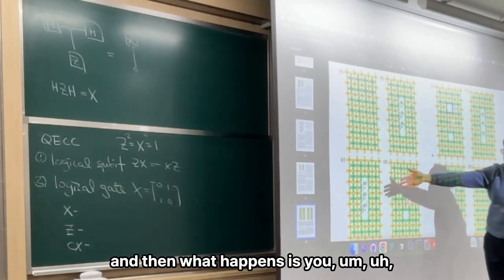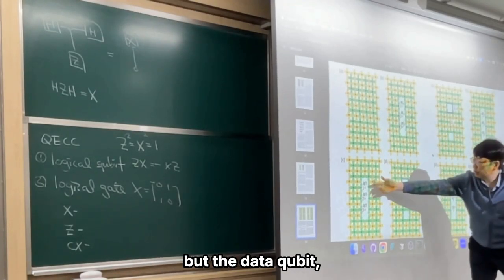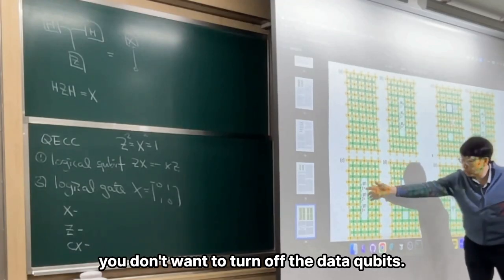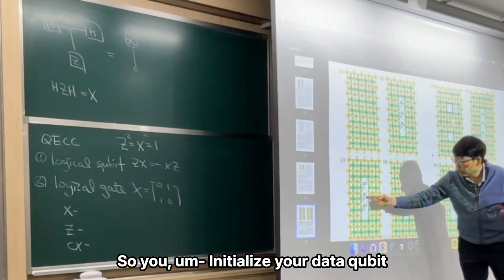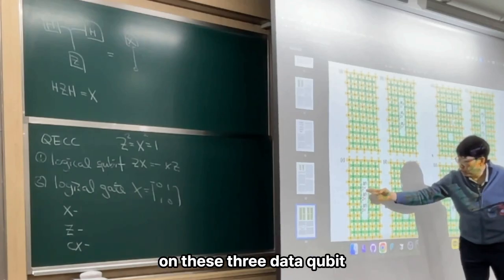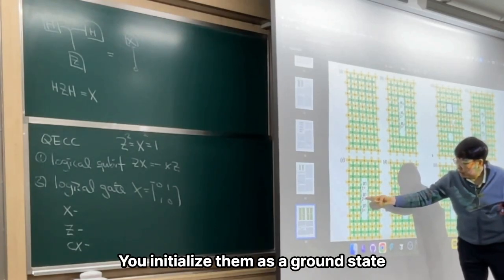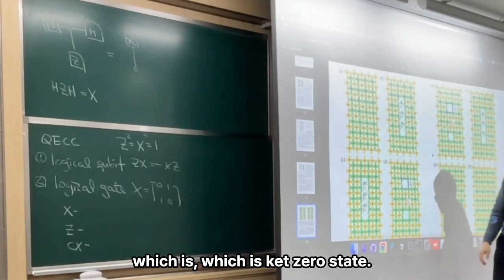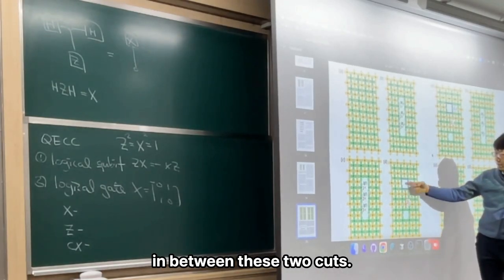And then what happens is you keep turning off the X stabilizer, but the data qubit, you don't want to turn off the data qubit. Data qubit is important. So you initialize these 3 data qubits, which are inside of this strip, to the ground state, which is the cat 0 state. And then you turn your X stabilizer back on in between these 2 cuts.